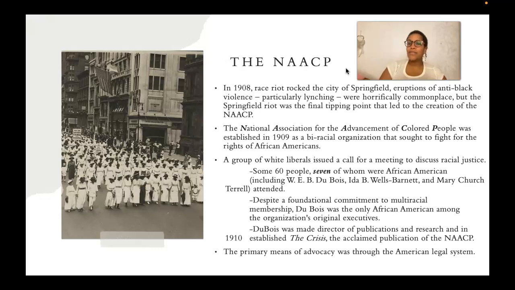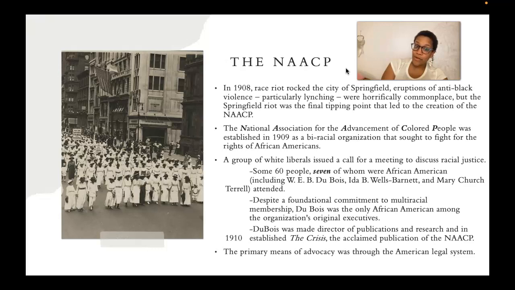So even though this organization, the NAACP, had a foundational commitment to multiracial membership, Du Bois was the only African American on the executive board in terms of the original membership, right?